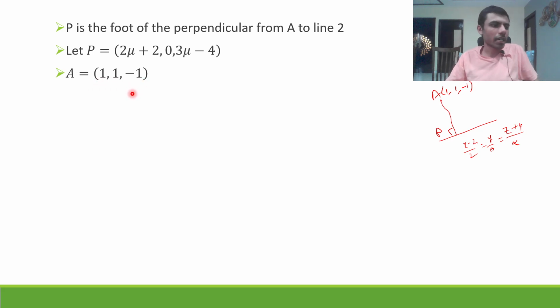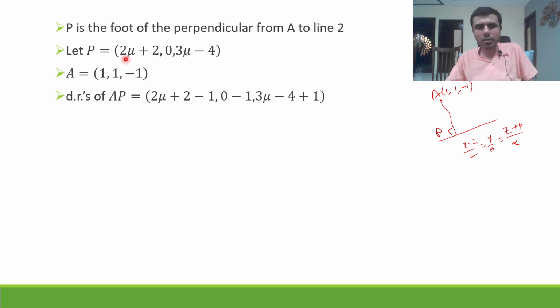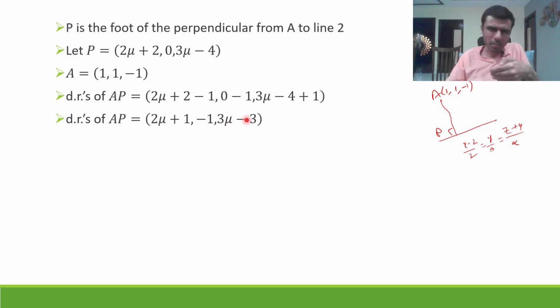DRs means x2 minus x1, y2 minus y1, z2 minus z1. So this is my x1 y1 z1, this is my x2 y2 z2. So 2 mu plus 2 minus 1, 0 minus 1, and 3 mu minus 4 plus 1. This will be nothing but 2 mu plus 1, minus 1 and 3 mu minus 3.